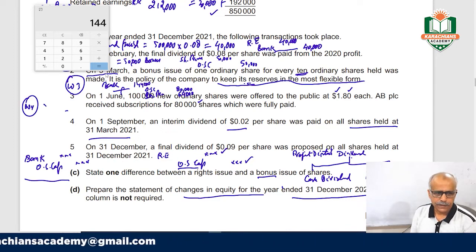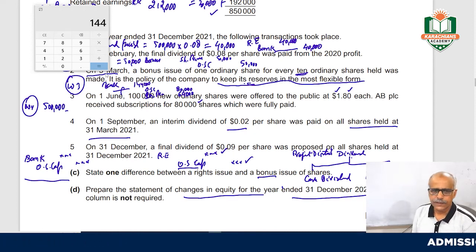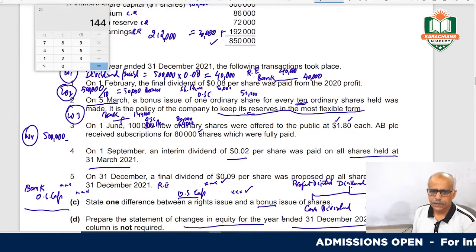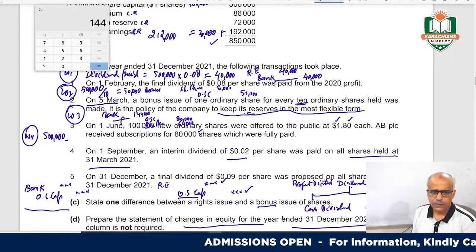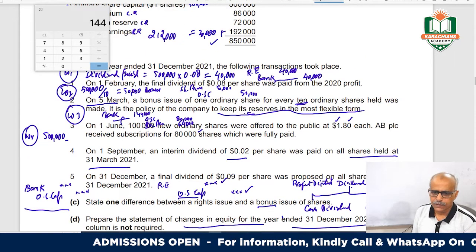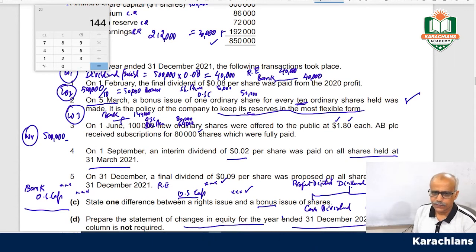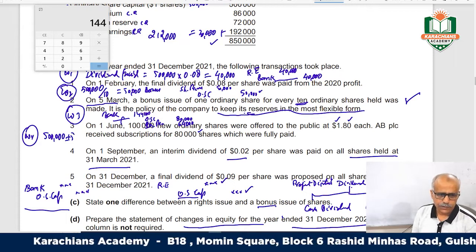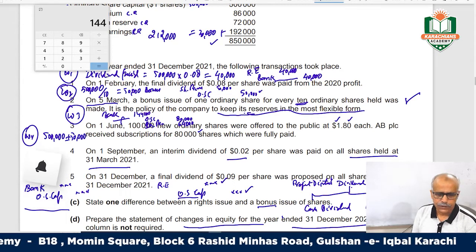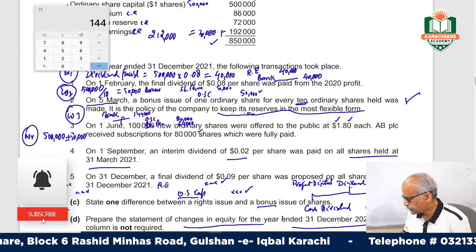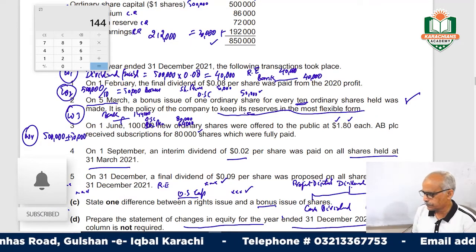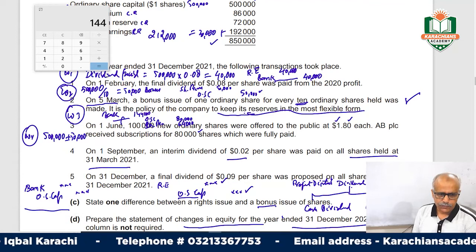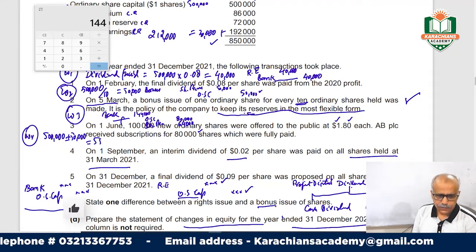So we had 500,000 shares opening, and then on 5th of March we issued 50,000 more shares, right? So 500,000 plus 50,000, you got 550,000.